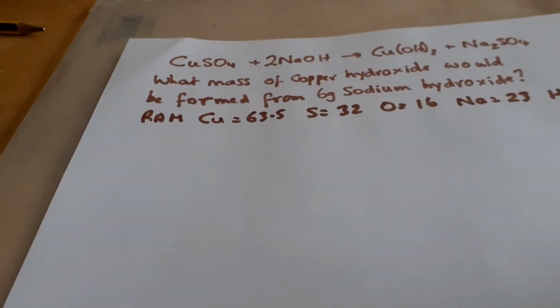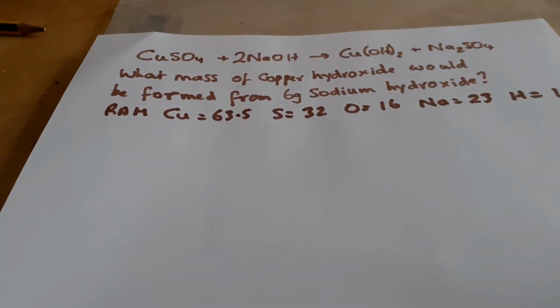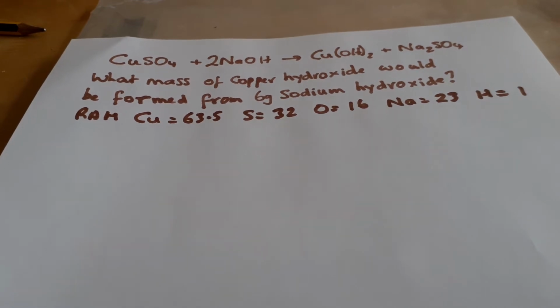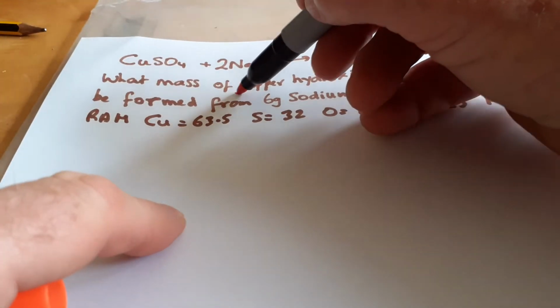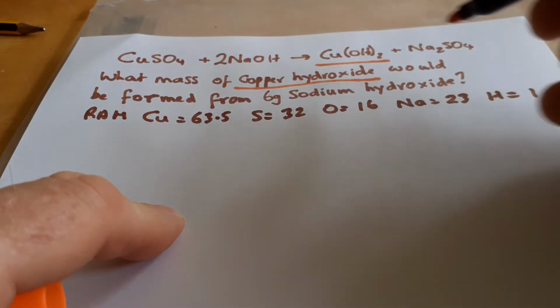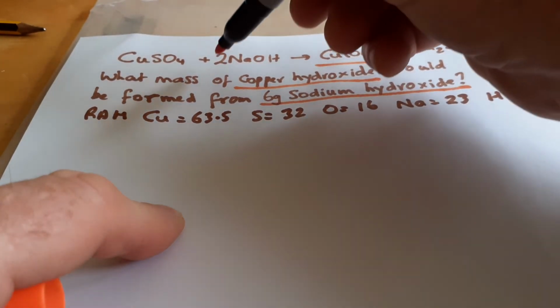Now, one more example, slightly harder, just in terms of the equation, but the method is exactly the same. So again, from the question, what mass of copper hydroxide, so that's our product, will be formed from 6 grams of sodium hydroxide?